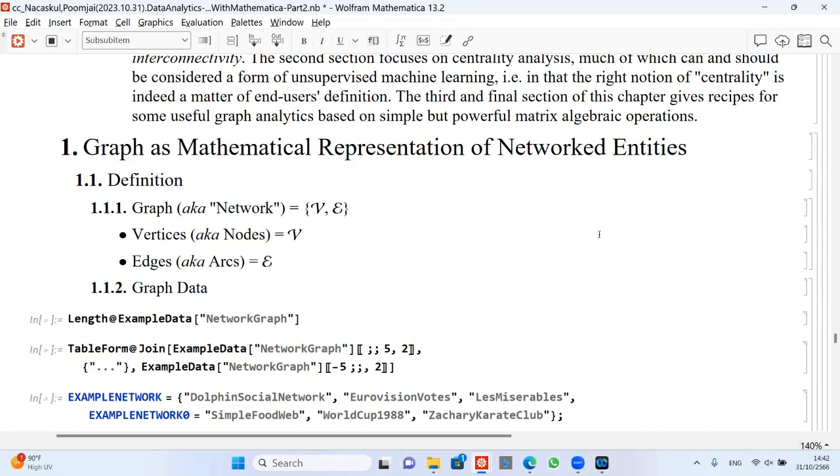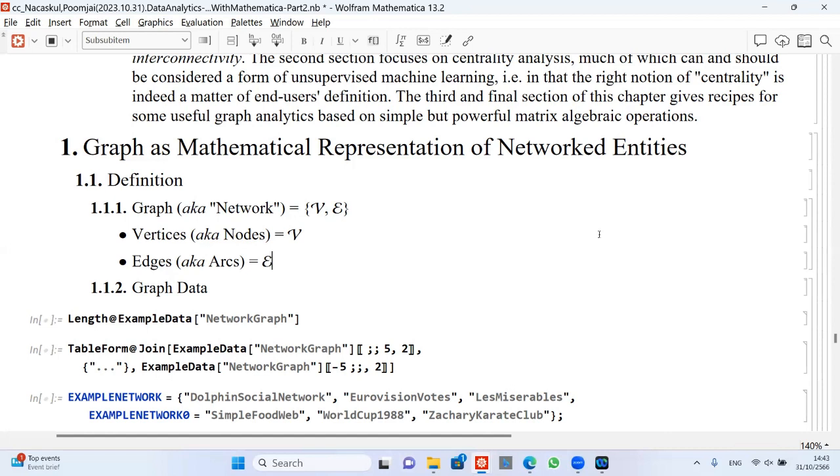Now, quick question. I have a collection of 20 vertices. How many edges can I have? You have to ask, is the relationship symmetric or asymmetric? In other words, if i j is the same thing as j i.